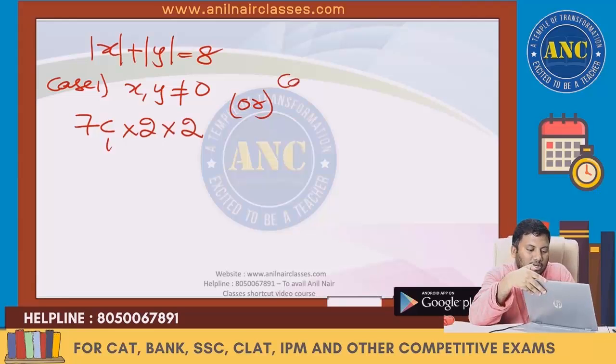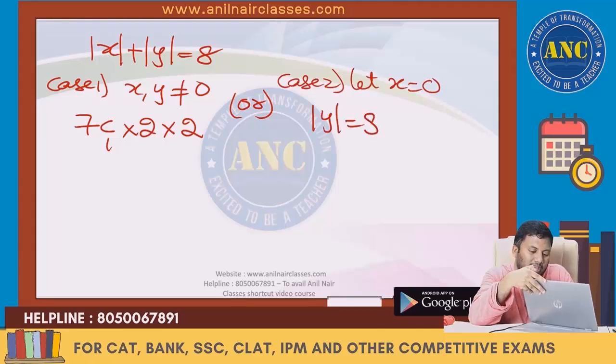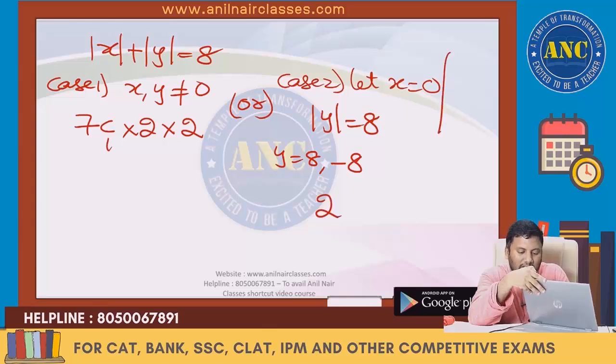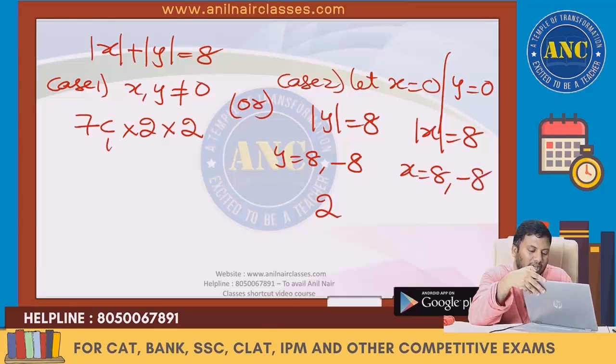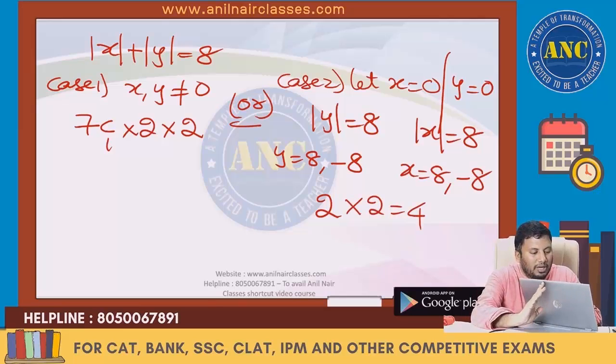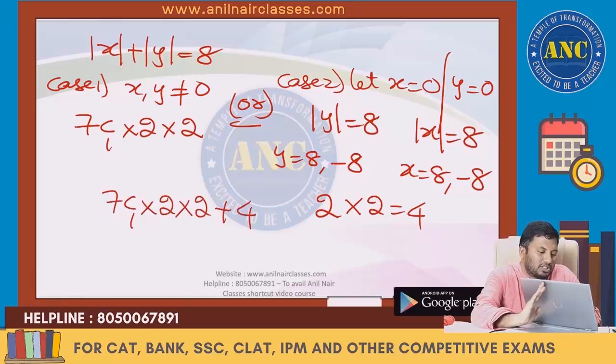Or case 2: let x equal 0. Then |y| is 8, which means y is 8 or minus 8, 2 cases. Similarly, next case, y equal to 0, |x| equals 8, x is 8 or minus 8. 2 into 2, 4. The 'or' means plus. Answer is 7C1 into 2 into 2 plus 4. Answer is 32.